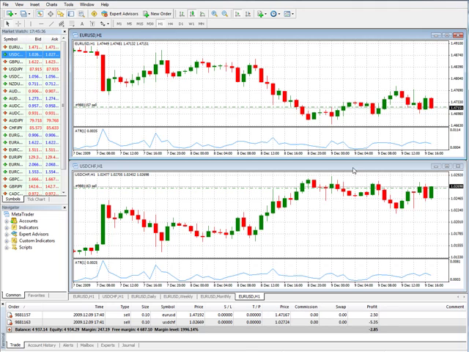Then if you're risking, say, your 3% per trade, then you end up effectively risking 6% because you're effectively using two trades which are the same. So as the market moves, as the euro dollar, US dollar goes in one direction, the US dollar, Swiss franc goes in the other direction. I know that may be confusing.